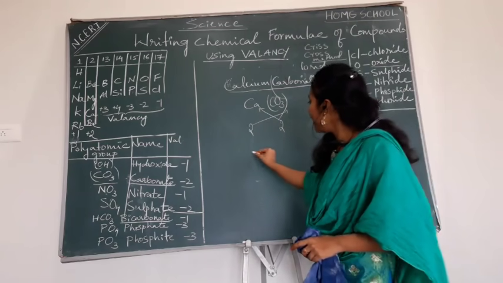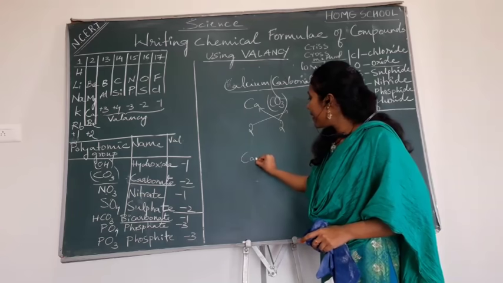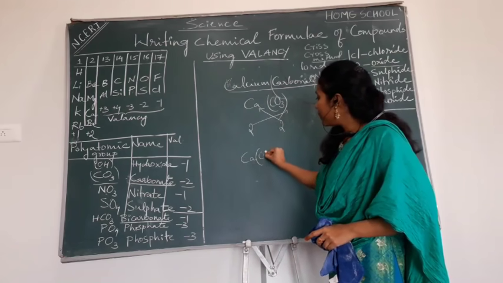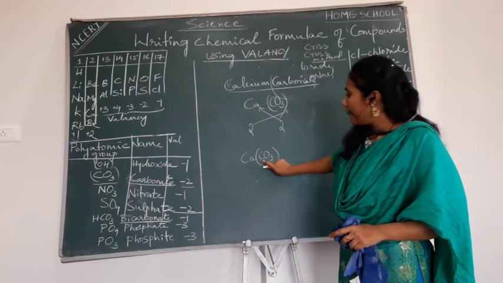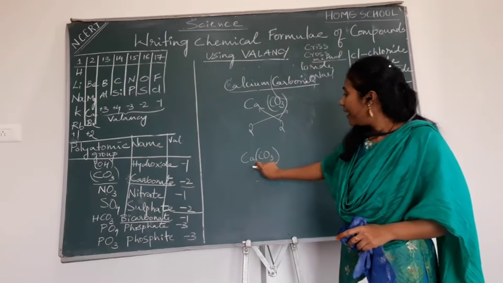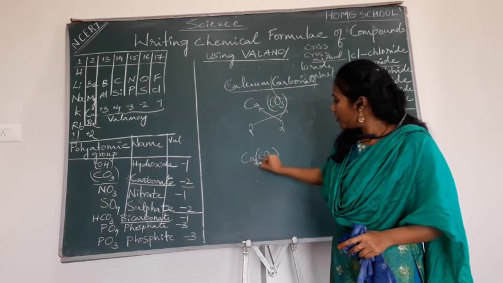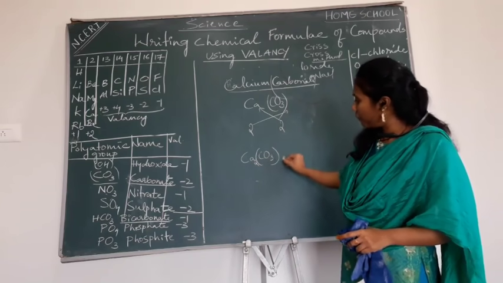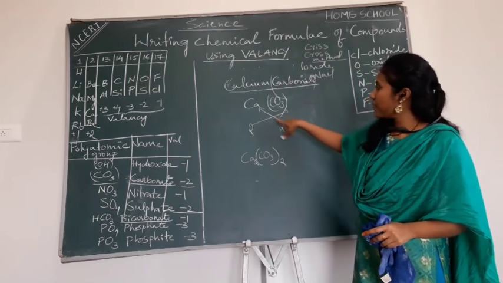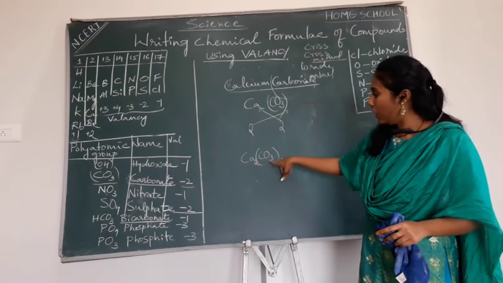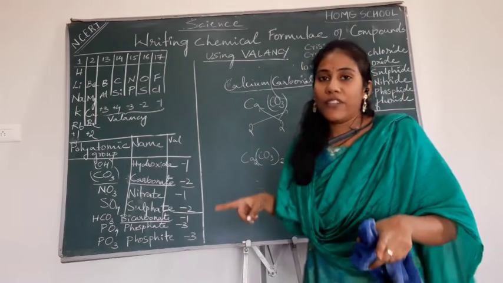So when you do that, how can you write? Ca. Now bring them near and write like this. Join and write Ca bracket CO3. Okay, and here what digit you will mention? 2. Here out of the bracket you have to mention the 2. This 2 you are writing here, this 2 you are writing here. So Ca2, CO3 twice we will call.